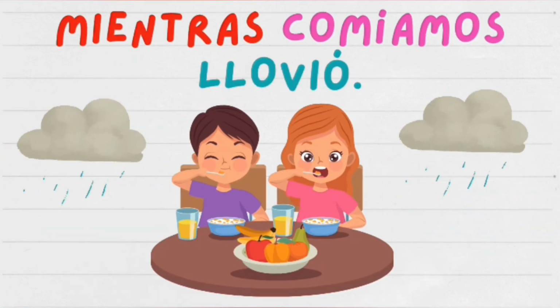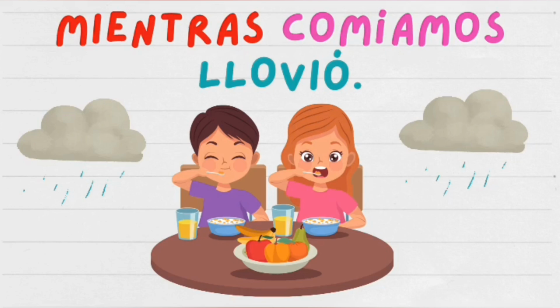Now we have this sentence, okay? In this sentence, we have, while we ate, it rained, okay? This means mientras, which means while, mientras, we ate, comíamos, it rained, llovió, okay?